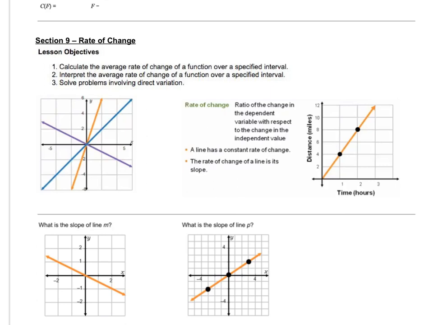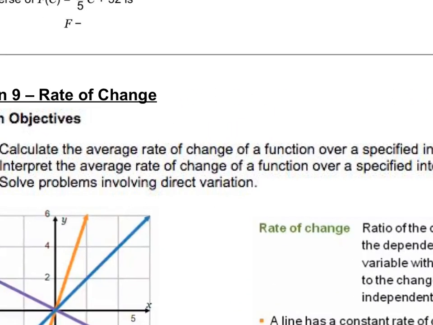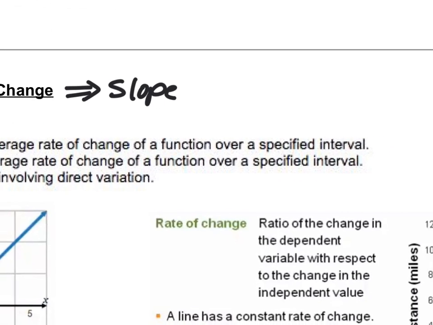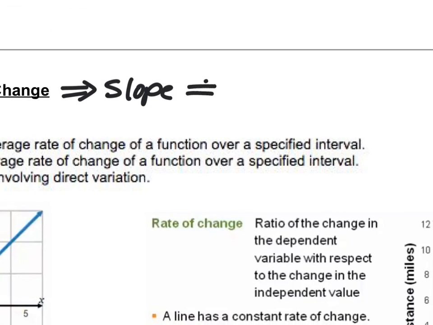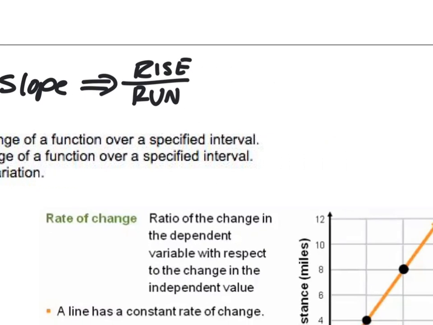So, when we think of the word rate of change, oftentimes we think of the word slope, okay? And when you think of the word slope, usually that means the phrase rise over run. Also, rise over run, some might think of it as the change in y divided by the change in x.